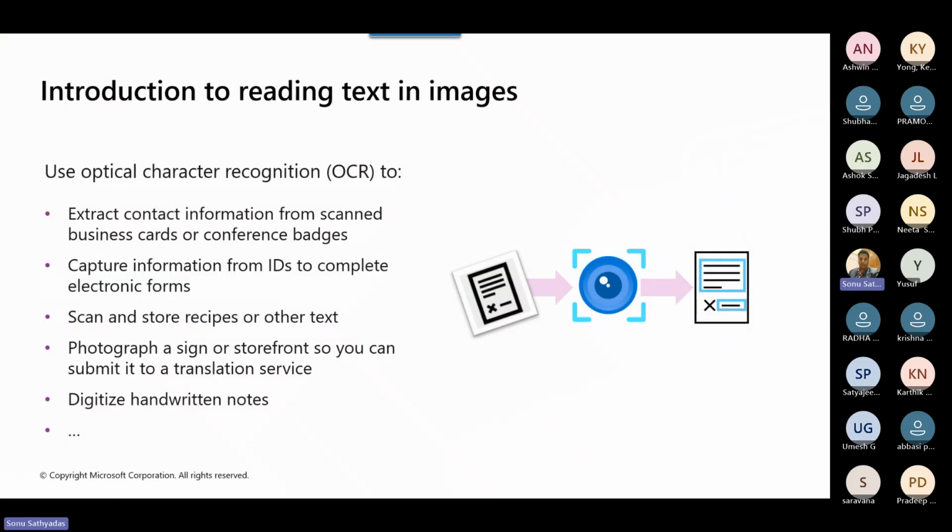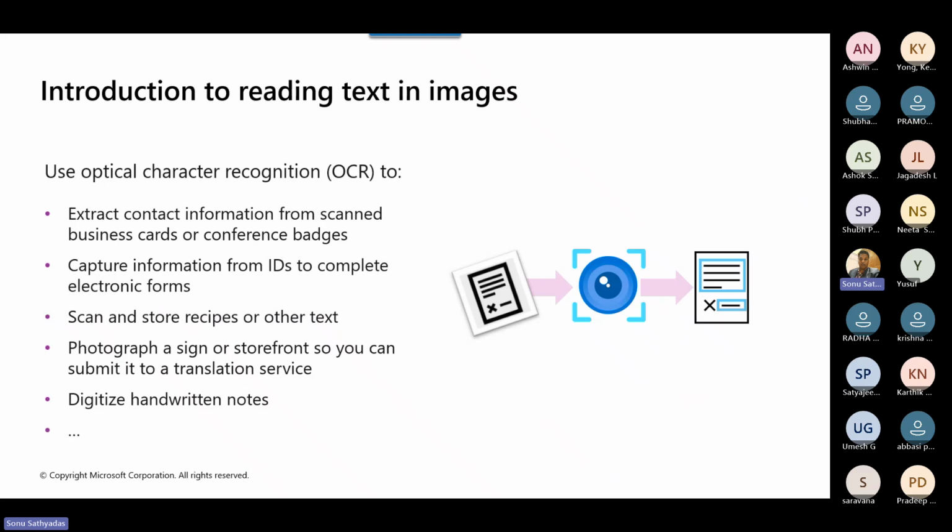Reading text in images. This is what I have just shown you. We can use the OCR feature or optical character recognition feature to extract information from documents. So extract contact information from a scanned business card or conference badges. Capture information from the ID to complete the electronic forms. Scan and store recipes or other text.